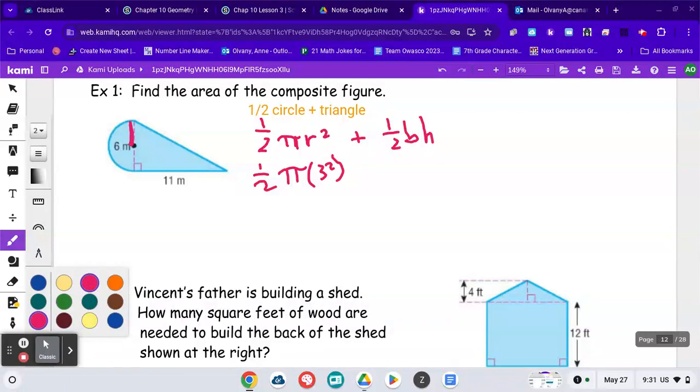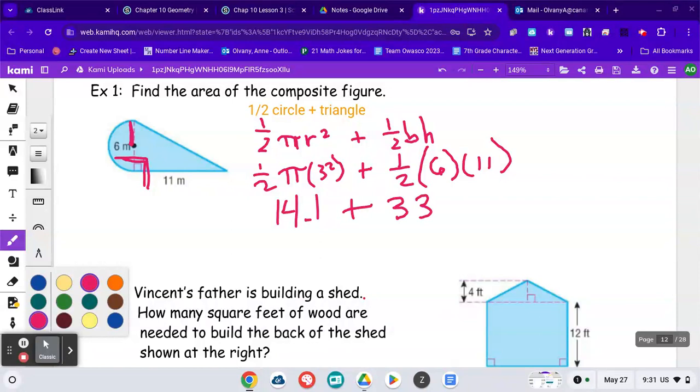That should be 14.1. It didn't tell me what to round to, so I've been rounding to the nearest tenth, so I'm going to do that. Plus 1/2, remember the base and the height meet at right angles. So whatever sides that right angle touches are your base and your height. So this is 6 times 11, which is 33.